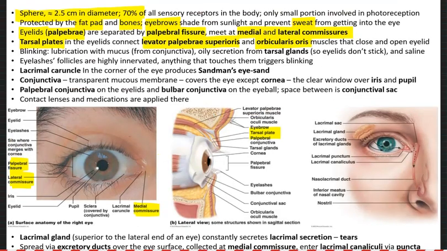You do blink. Blinking lubricates your eyes with mucus that is produced by conjunctiva and by the oily secretion produced by tarsal glands. These guys, okay?